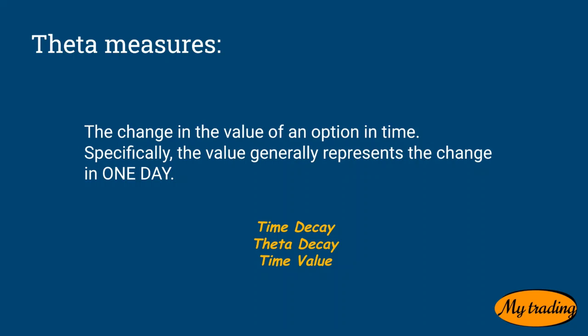And sometimes you'll hear time value, because you remember there was one video we did called intrinsic versus extrinsic value. If you haven't watched that, it might be worth refreshing or watching it, because it does come into play as we start looking at particularly theta. What decays is only the extrinsic value of an option. The intrinsic value is kind of locked in.